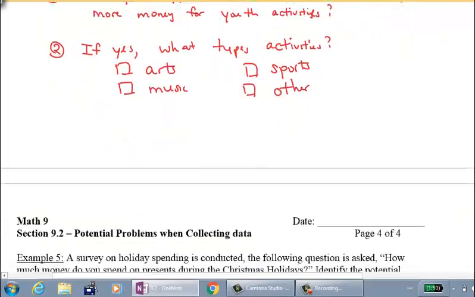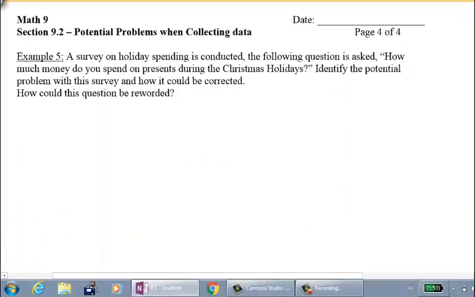All right, got two more on the last page. Go ahead and read, please. How much money do you spend on Christmas holidays? You thought about cultural sensitivity. You are correct, because not everyone celebrates Christmas. So I would first ask, do you celebrate Christmas?